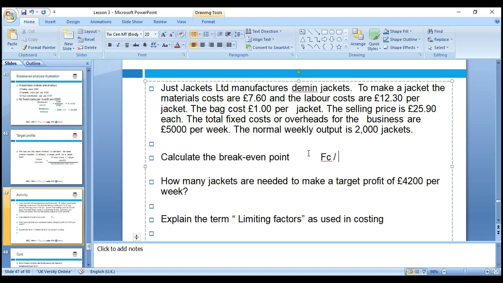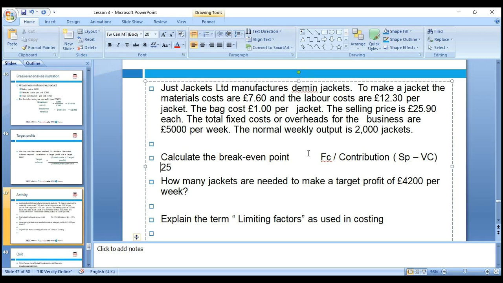Fixed cost, FC, divided by contribution. Contribution means return. So selling price minus variable cost is equal to contribution.